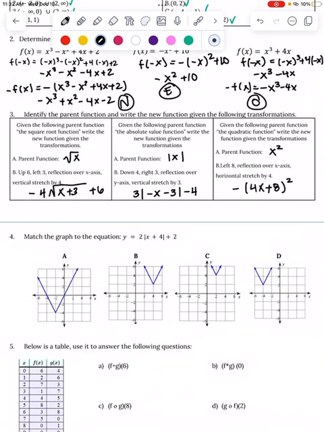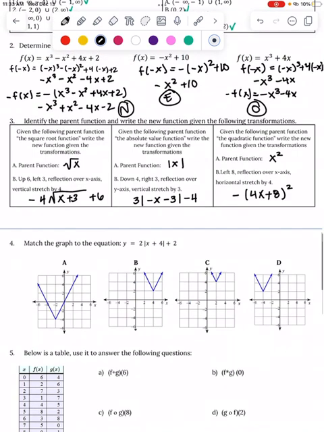All right, match the graph to the equation. I think I got the plus 2, so that's gonna go up. Plus 4 left, and then a vertical stretch. So what you honestly could do is graph it.